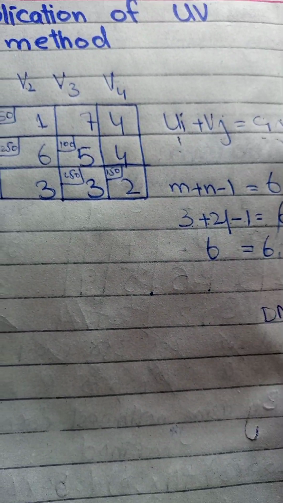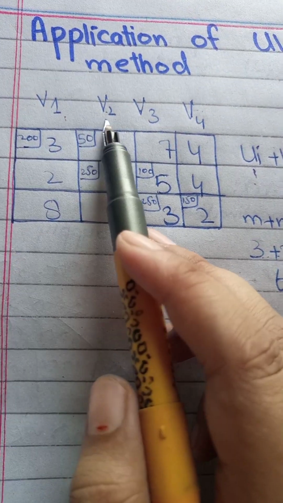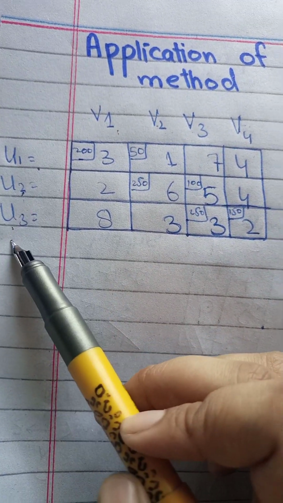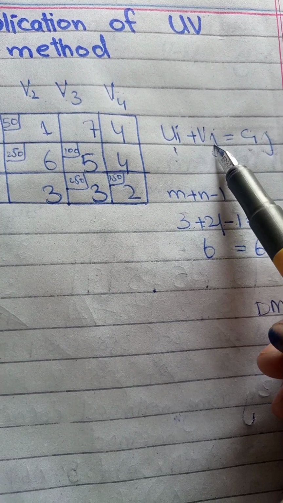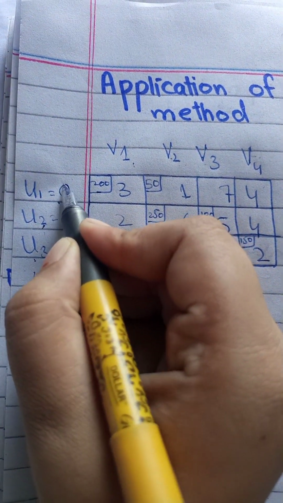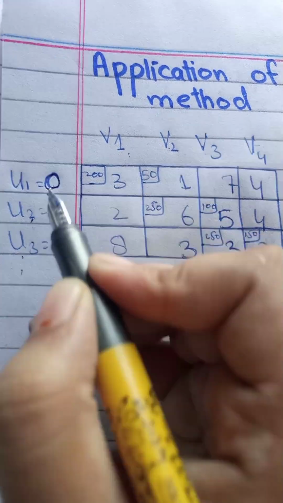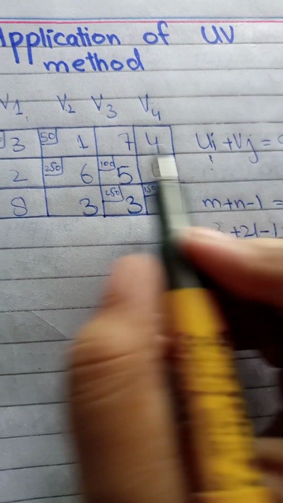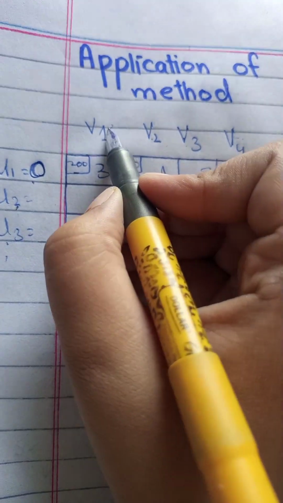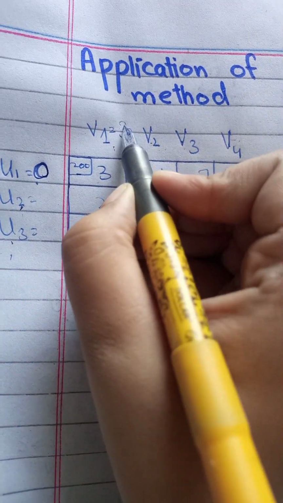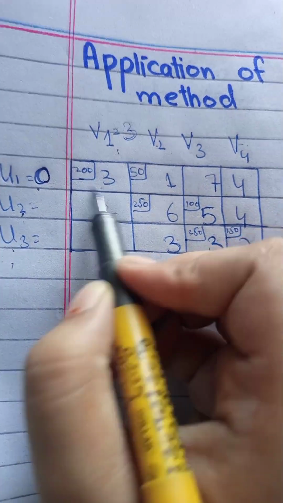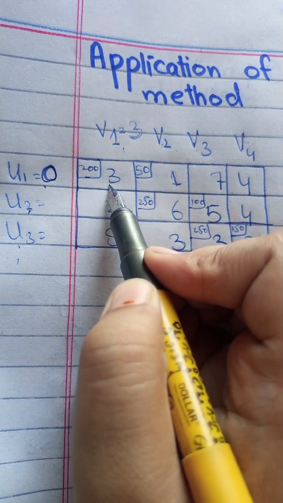Now we will find the values of v1, v2, v3, v4 and u1, u2, u3. The first value we have to suppose is 0. For u1, Cij C11 is 3, so we have to suppose the value of v1 is 3, because u plus v equals 3, so 0 plus 3 equals 3.